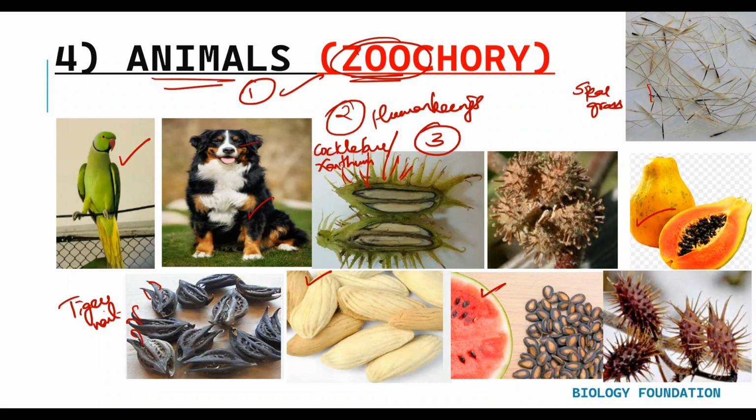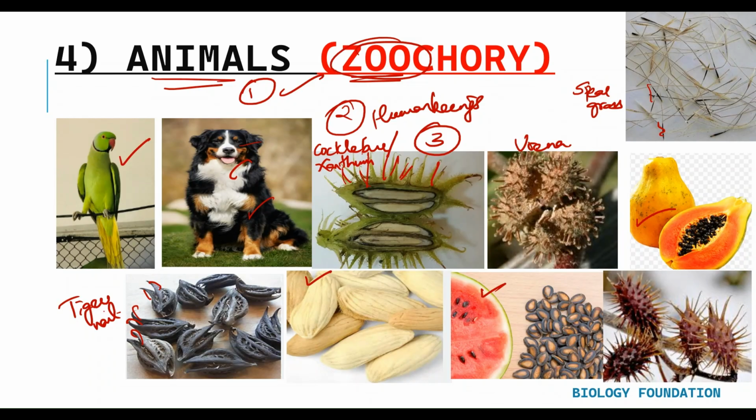Okay, so in these plants, or seeds of urena, these seeds have spine-like structures, hook-like structures, or small hair-like structures, as a result of which they get stuck to the bodies of animals. Now, these animals walk, they move to different places, and when they move, the seeds which get carried on their body might get released, and that's how dispersal takes place.